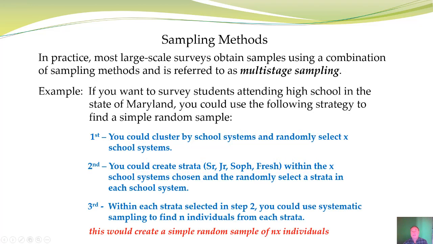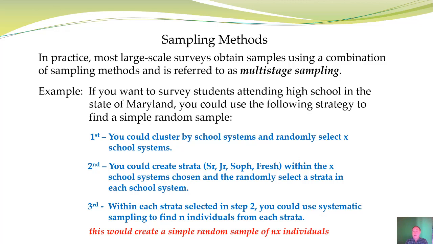So, in practice, most large-scale surveys obtain samples using a combination of sampling methods and is referred to as multi-stage sampling. An example, if you want to survey students attending high school in the state of Maryland, you could use the following strategy to find the simple random sample. First, you could cluster by school systems and randomly select X school systems.